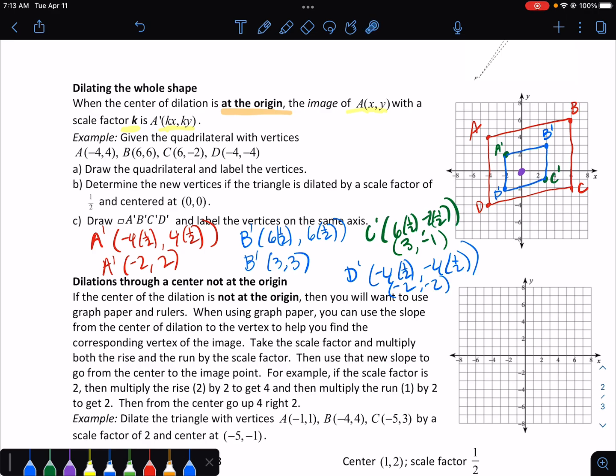Now, remember that in a dilation the angles are still the same. The corresponding angles are still congruent. So these angles match, these angles match, these angles match, and these angles match. Okay.